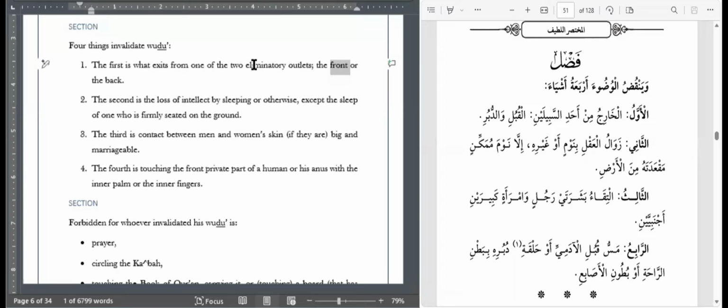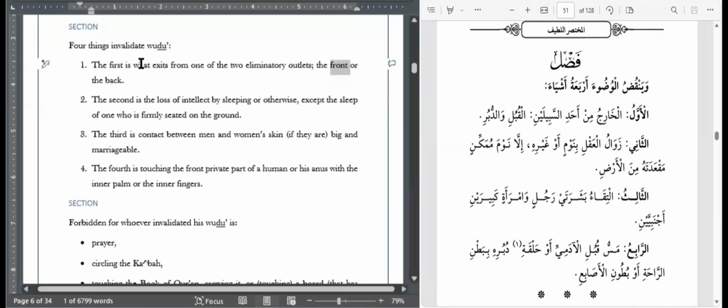So what if this thing is in there and the man just pulled it a little bit? Even if he didn't pull it all the way out, just pulled it a little bit, his wudu is broken. Why? Because that's the rule. Anything that comes out, anything that exits, breaks the wudu.